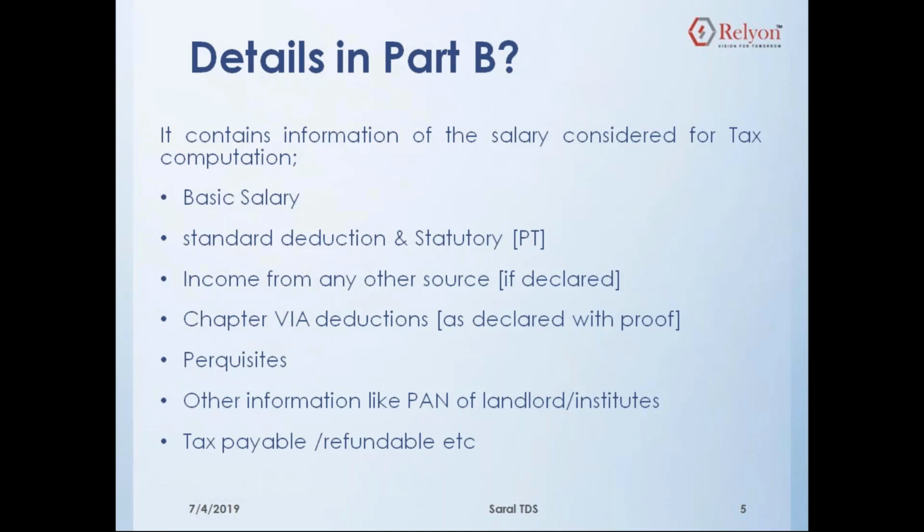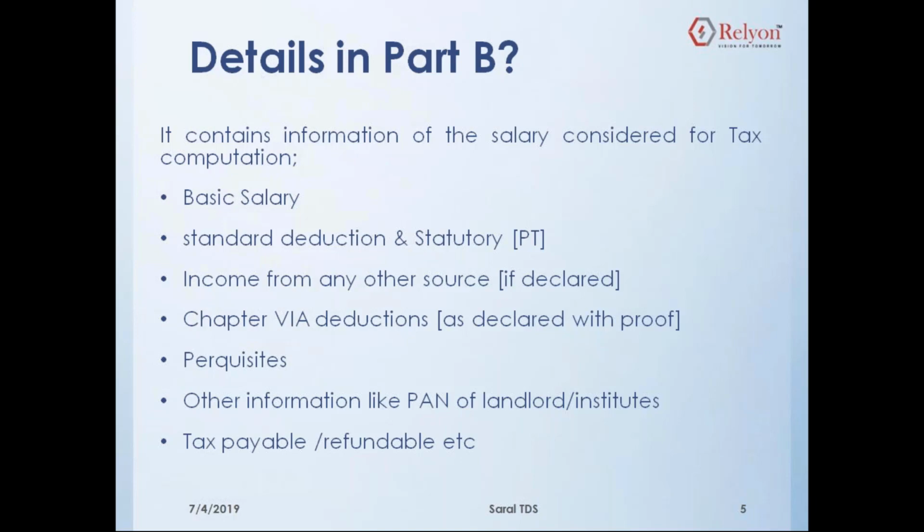If the employee is willing to declare this information to the employer, then we can consider it for my tax calculation. Apart from that, if he or she has declared a house property, whether it's an income or a loss, if the employee is declaring it, then we are going to consider it for my tax calculation, or else we are not going to consider it at all.